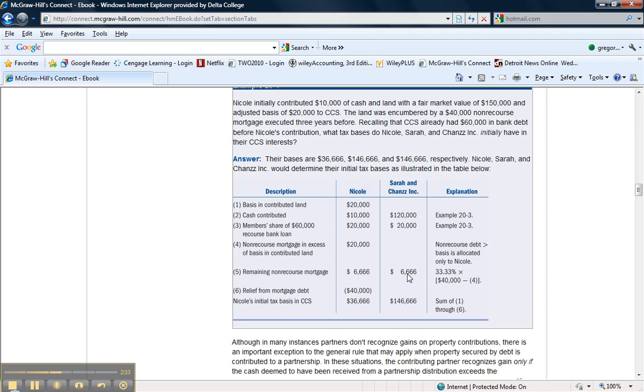Okay, so here is the $40,000 of new debt being allocated to the partners. The relief of indebtedness in excess of the initial basis of the contributor goes to her. The rest gets split. Then you add all these numbers up and you see Nicole's initial basis is 36,656, and each of these two have this initial basis.